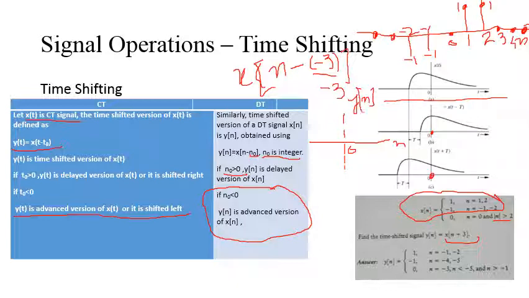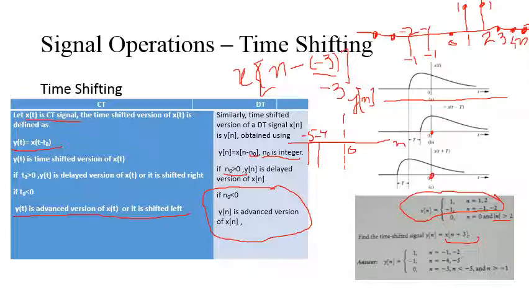If I shift this signal 3 units to the left, this point will be at minus 5, and the point at minus 1 shifted by 3 units will be at minus 4.